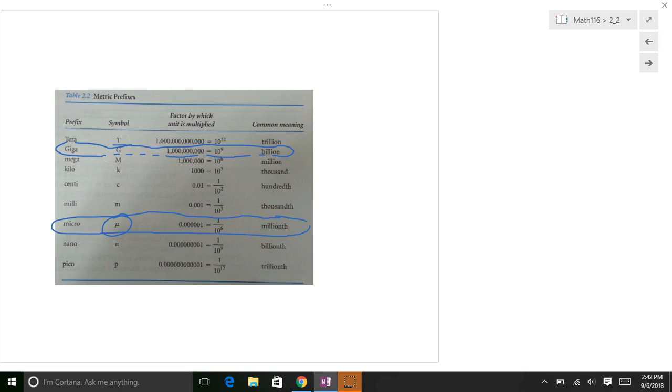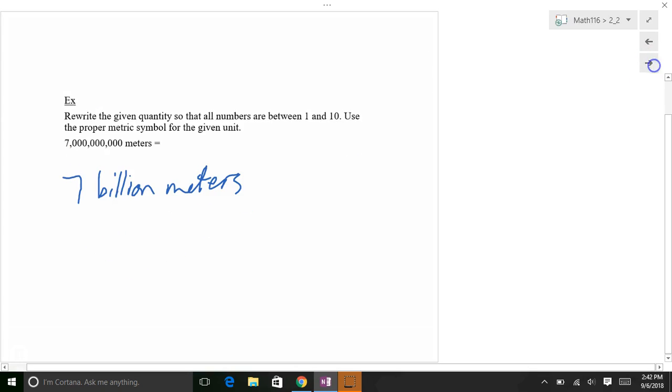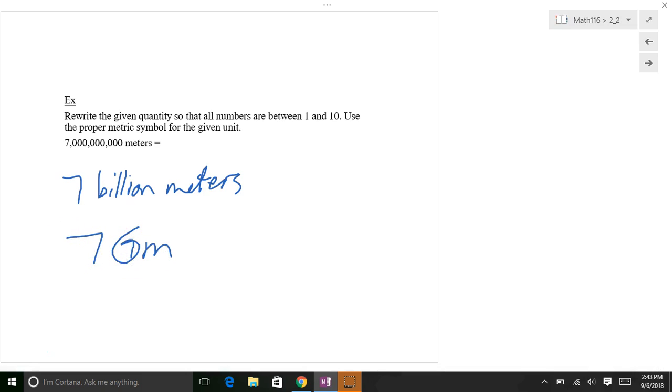You can look on the ebook if you want as well, for a little bit better blown up. So giga, meter. 7 billion meters is the same thing as saying 7 gigameters.